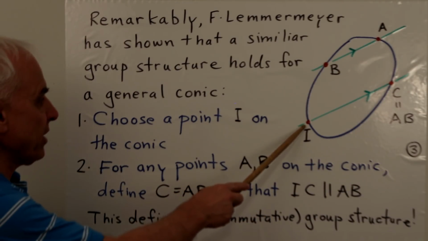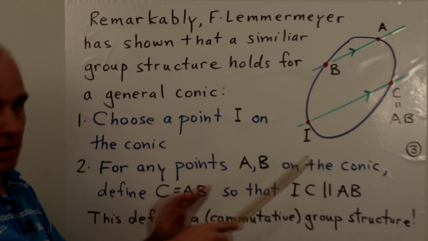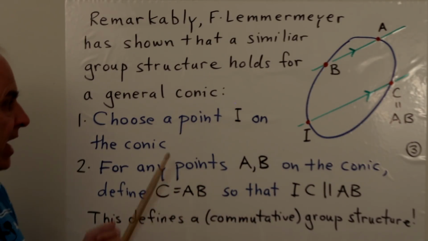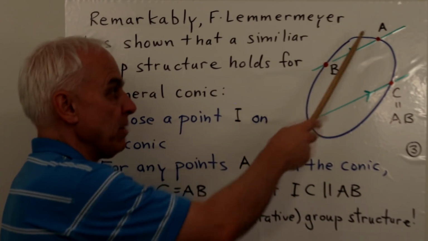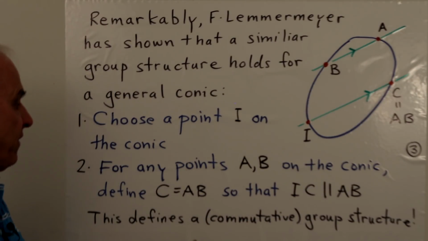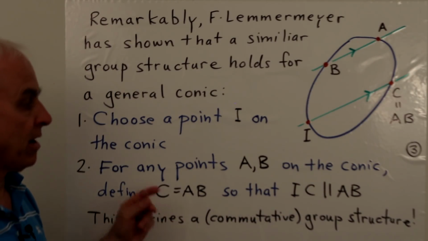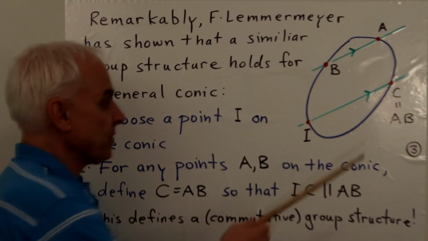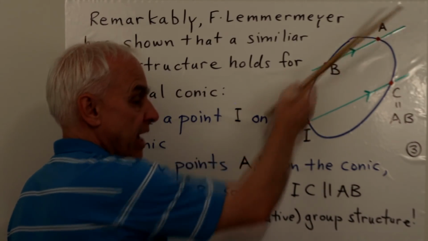By starting with a point I on the conic, and you fix that point, that's going to be the identity. And then for any 2 points A and B on the conic, you define the point C, the product, by the rule that IC should be parallel to AB.